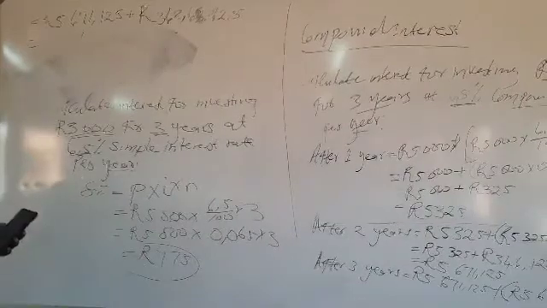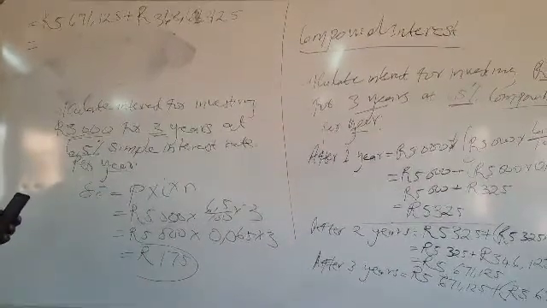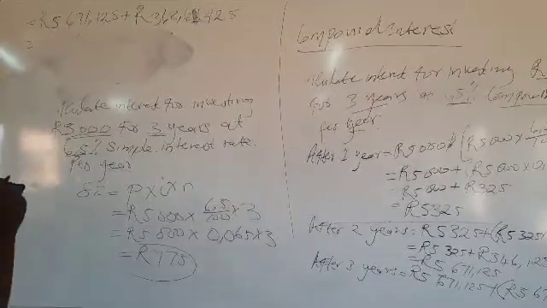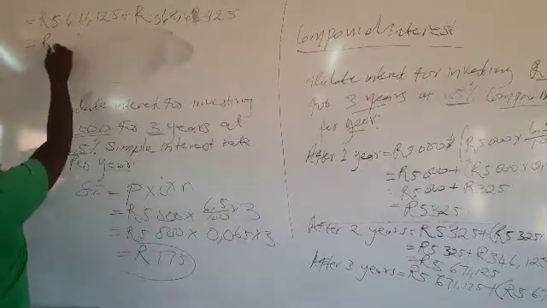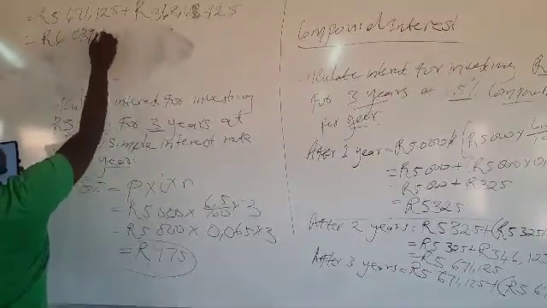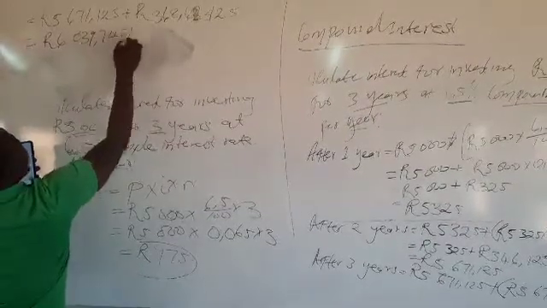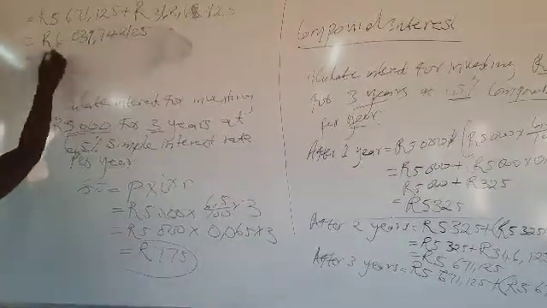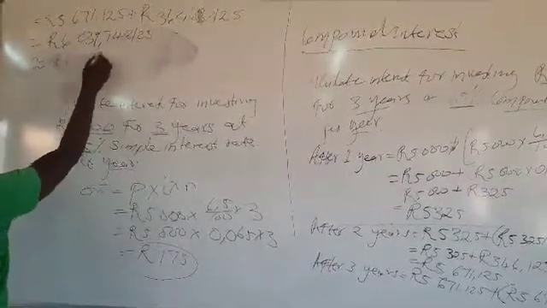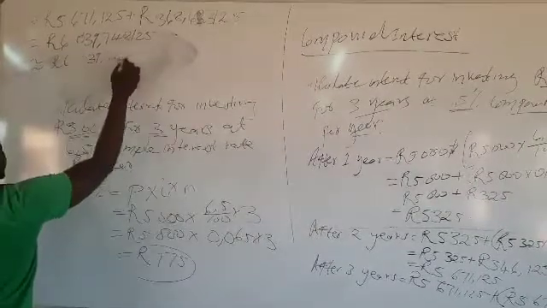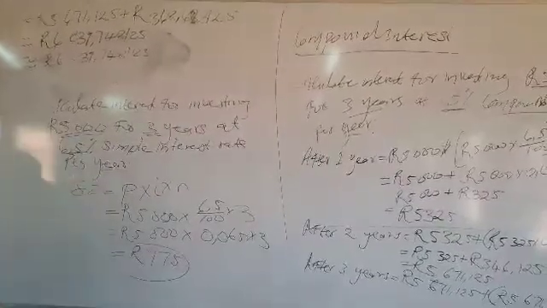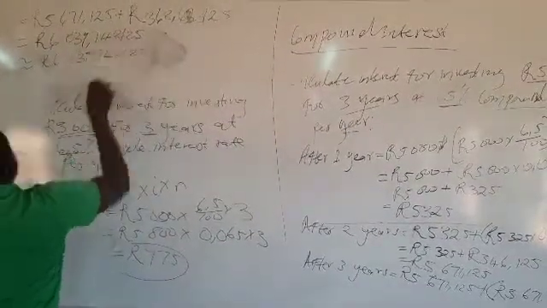Then we add it with 5,671.125, which is equal to 6,039.748125. Because this is the final answer, we are going to round it to 2 decimal places.